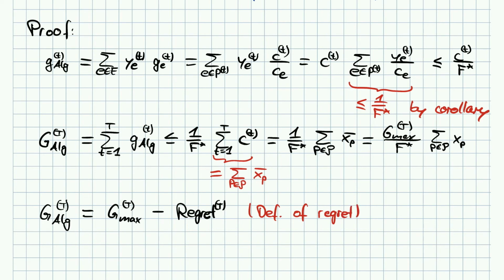And now let's put this together. We'll see that the sum of the flows along our paths is at least f star over G max times G max minus the regret.